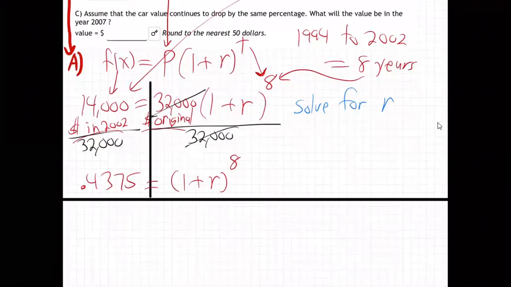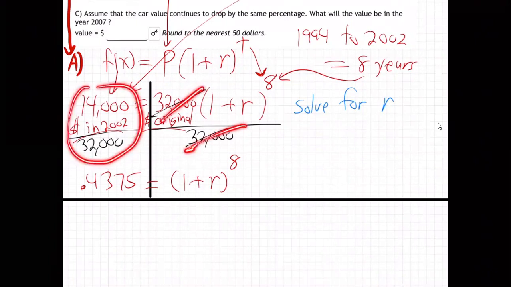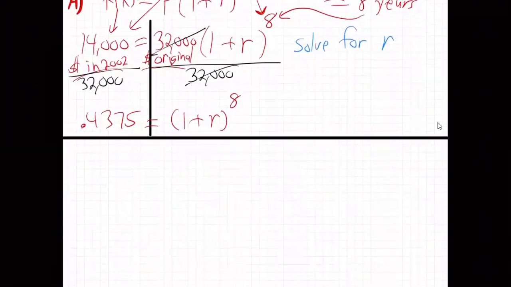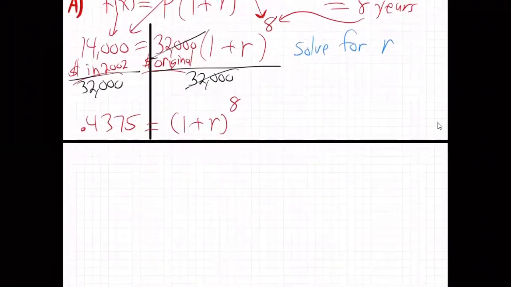Good so far? I just divided by 32,000 on both sides. 14,000 divided by 32,000 is 0.4375. So we're getting closer. We're trying to solve for r. Keep the wall of separation going strong.